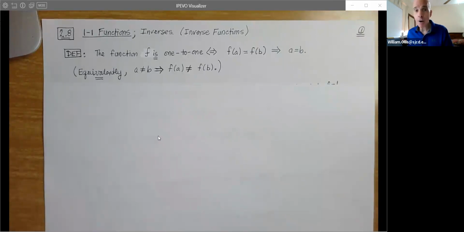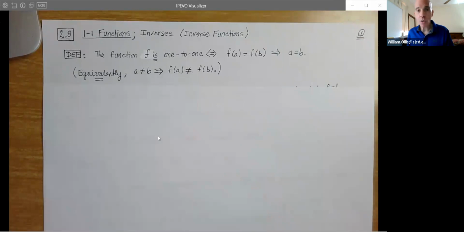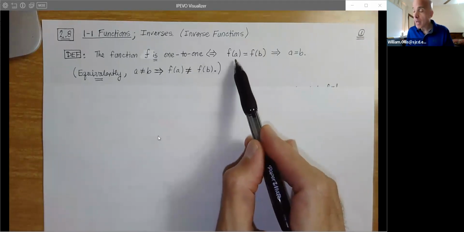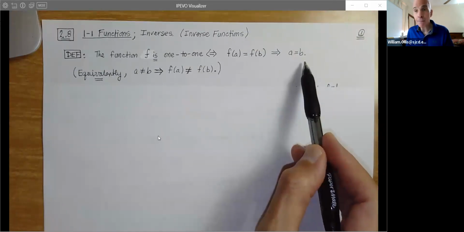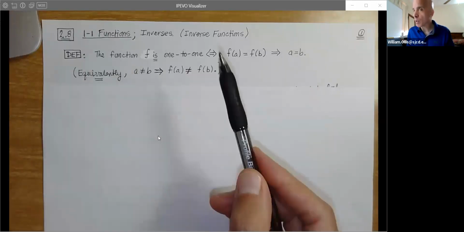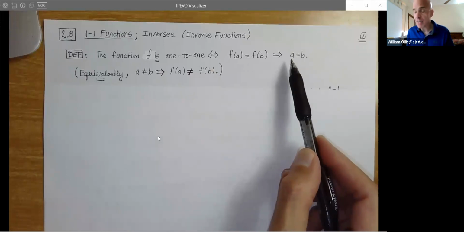Now, let's look at our first definition. It says the function f is one-to-one if and only if, so we're starting with the function, if f of a equals f of b, then this implies that the inputs must be the same. So this is starting on the level of function, but it's a very restrictive definition.